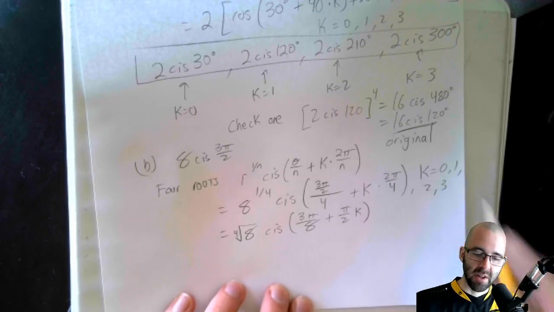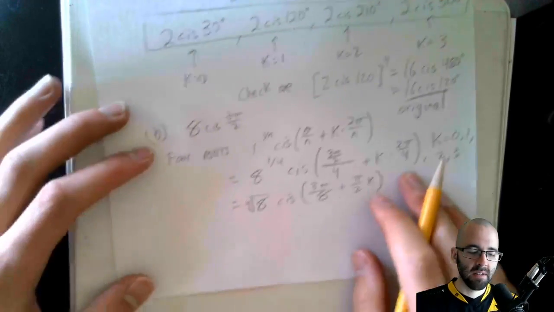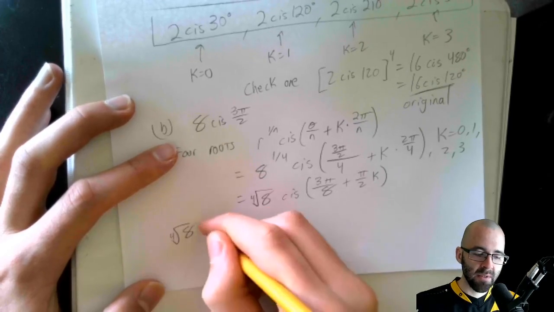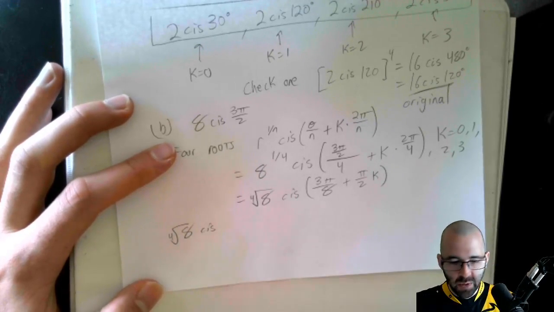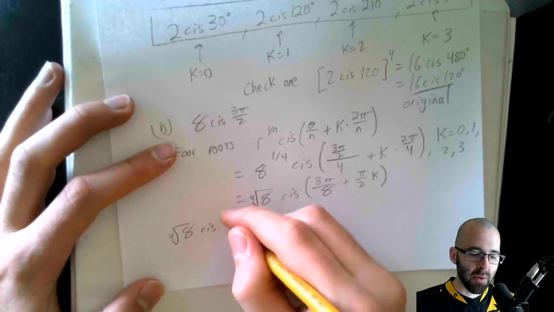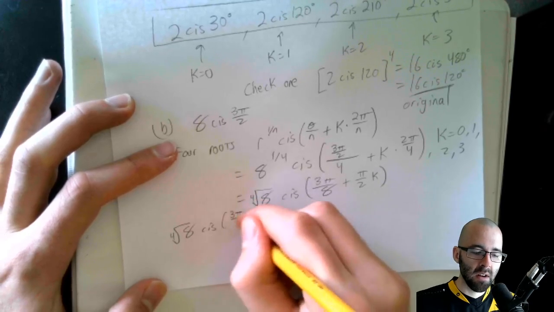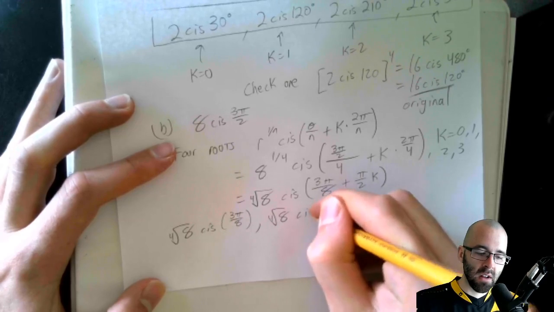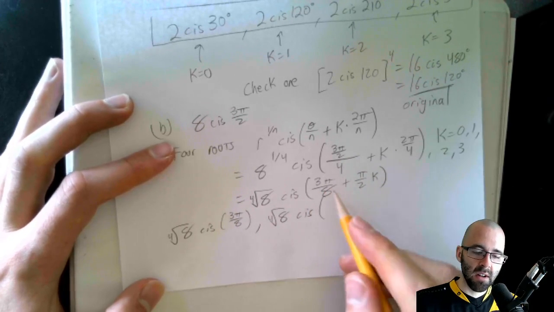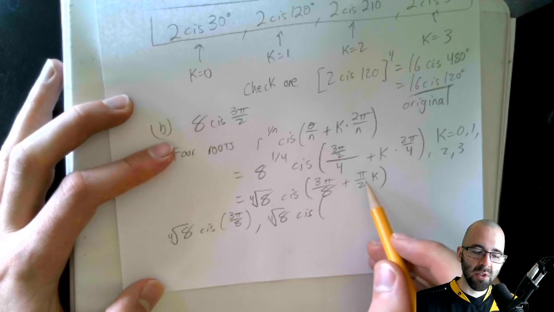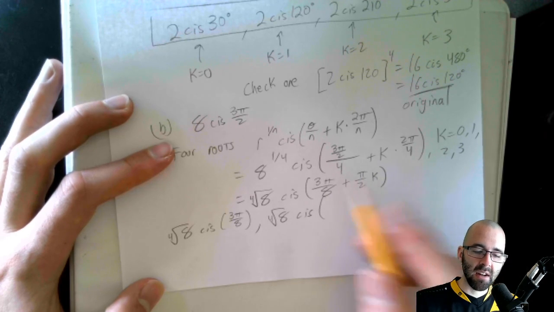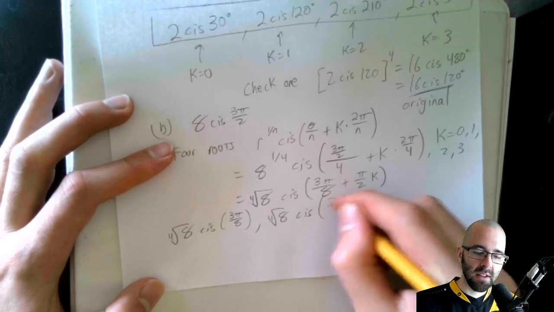K is 0, k is 1, k is 2, and k is 3. So what we're going to get is the 4th root of 8 cis, when k is 0, we just get 3 pi over 8. When k is 1, we get this plus pi over 2. Is this plus 4 pi over 8? 7 pi over 8.